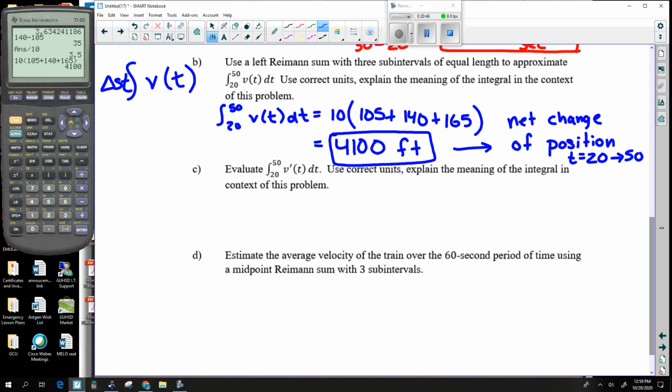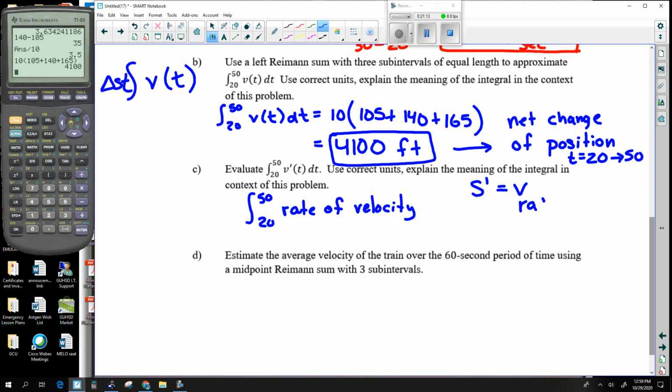Okay. Evaluate 20 to 50, the derivative of v(t). All right, so again, this would be 20 to 50 of acceleration. Or in essence, this is a rate of velocity. So a derivative of something, like if I take a derivative of position, that's velocity, correct?